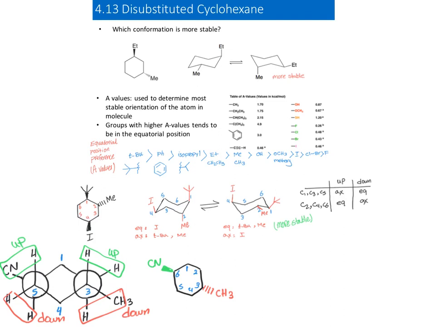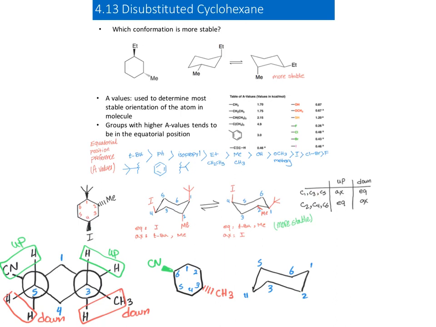So first step is to draw the chair conformation. So we are gonna draw the chair. Okay, now let's number 1, 2, 3, 5, and 6. So to carbon number 3, we have methyl group attached, which is going down.